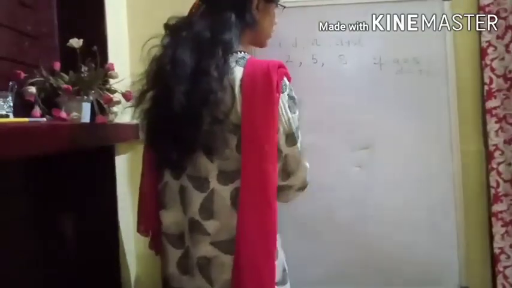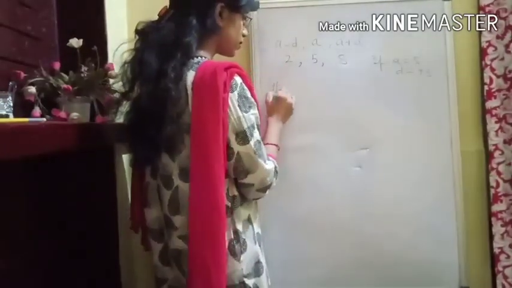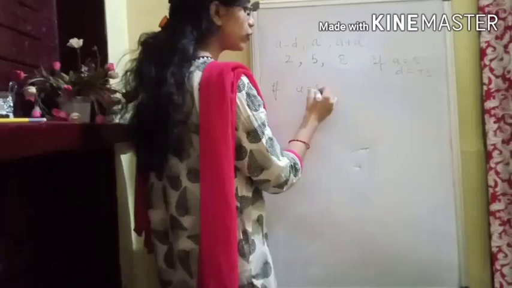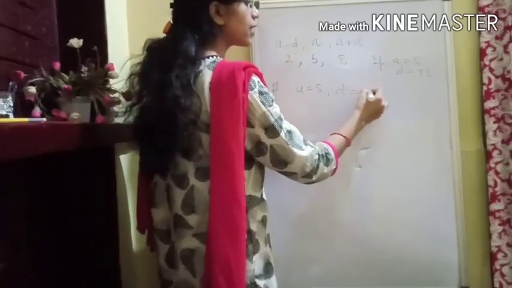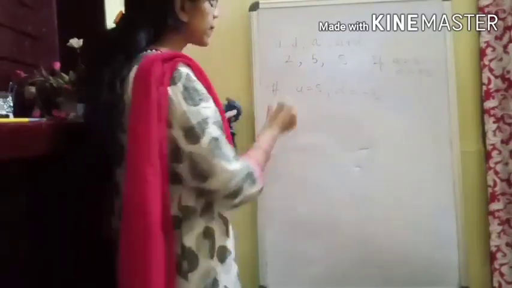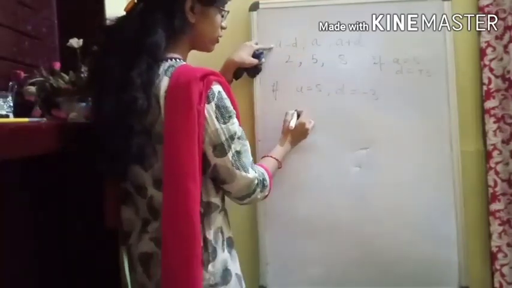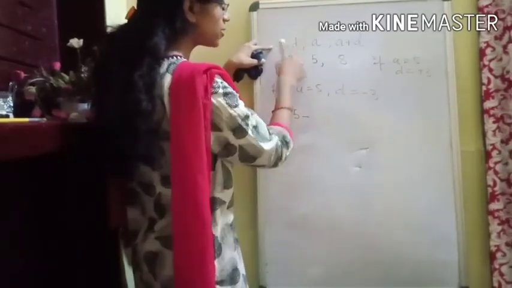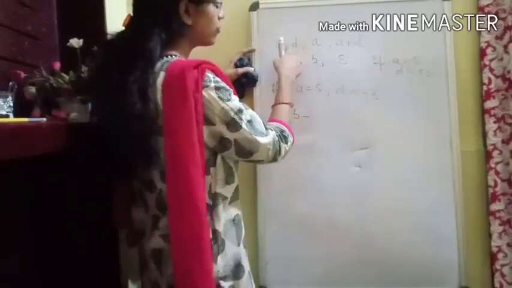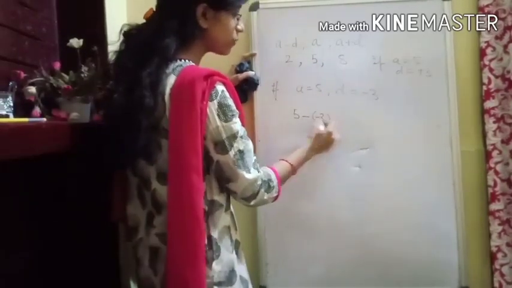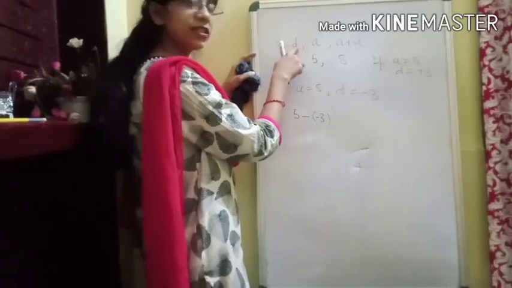Now what else can we take? We can take a as 5 only, but we can take d as minus 3. Okay, now if you take a as 5 and d as minus 3, let us put 5 minus d, which is minus 3.